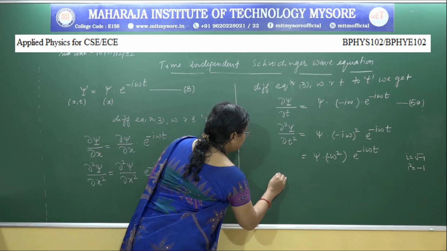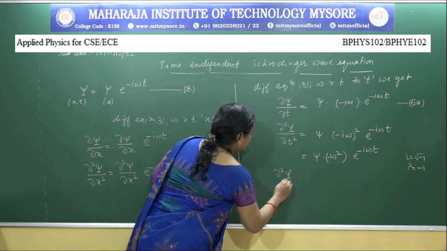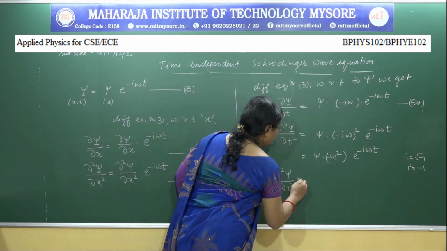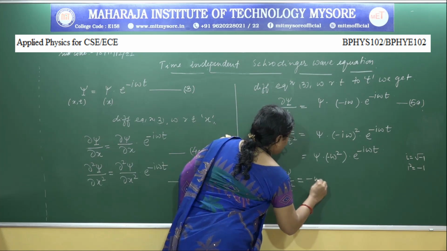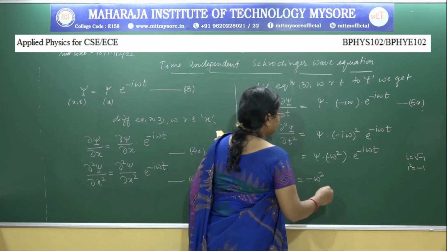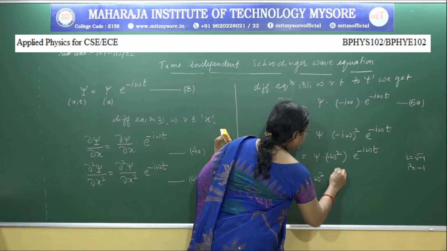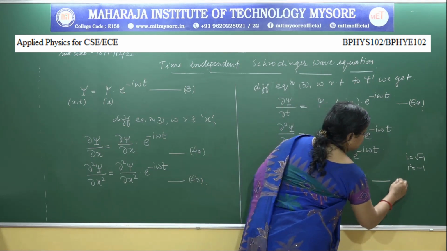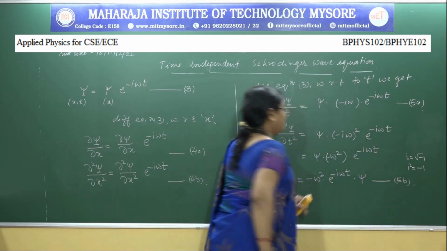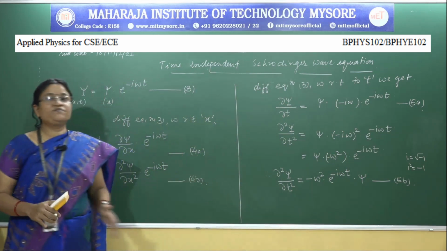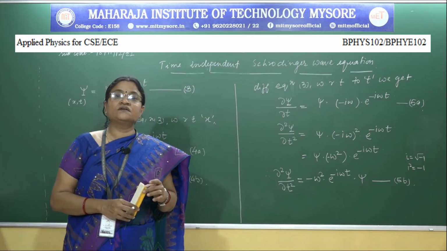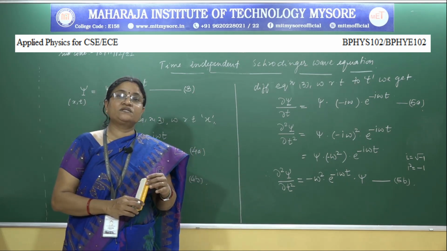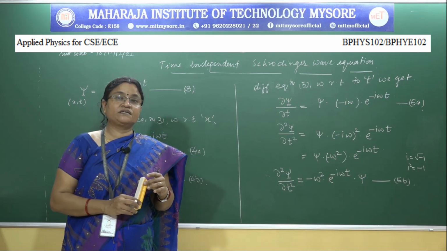So finally we can write this equation as dou 2 psi by dou t square equal to minus omega square exponential of minus i omega t into psi. Let us consider this is equation 5b. So one step we have completed. We have considered the wave function equation, that is psi is equal to a exponential of minus i omega t minus kx.